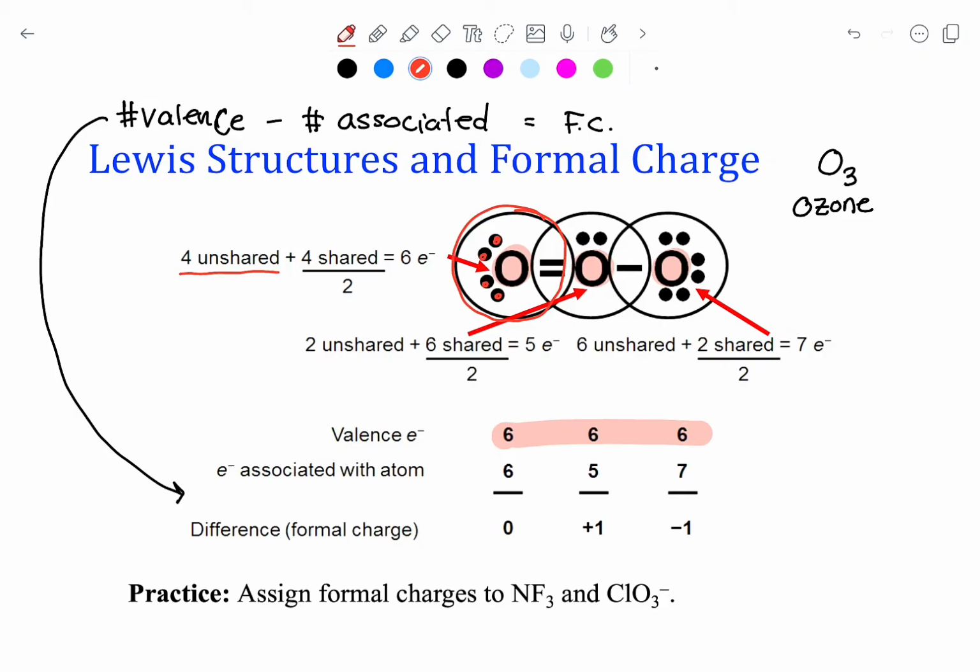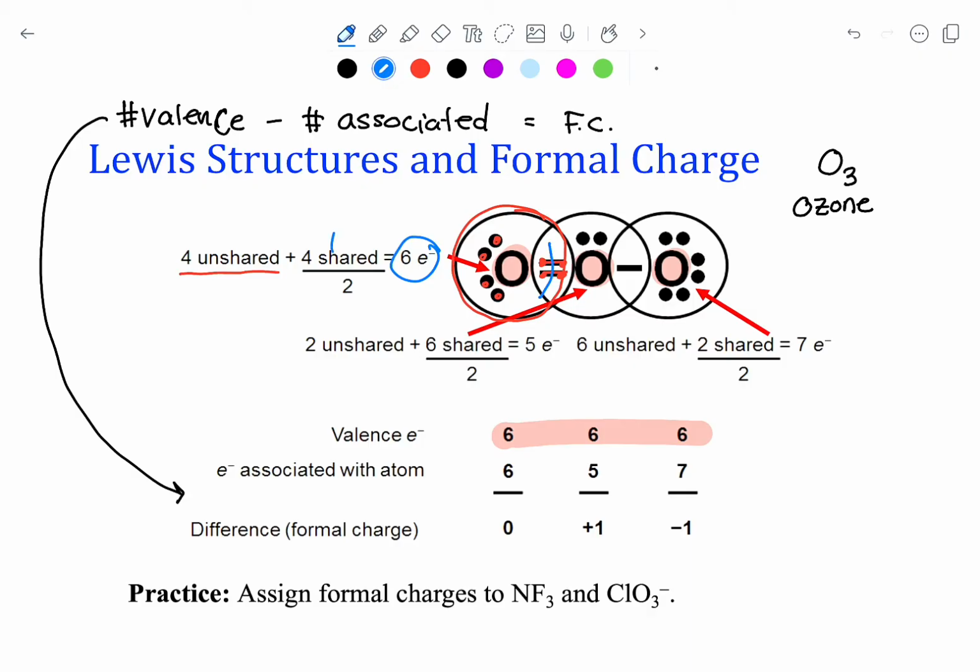So this oxygen has 2 bonds to it, right? It has a double bond there. Each bond has 2 electrons, so the double bond overall has 4 electrons, but only 2 of those electrons came from that oxygen, so that's why we divide that by 2. So this oxygen overall has 6 associated electrons.